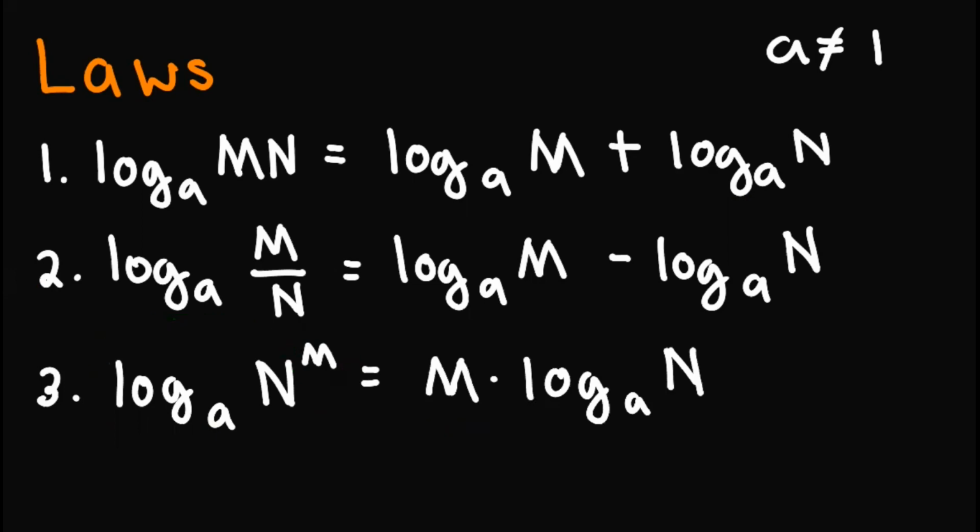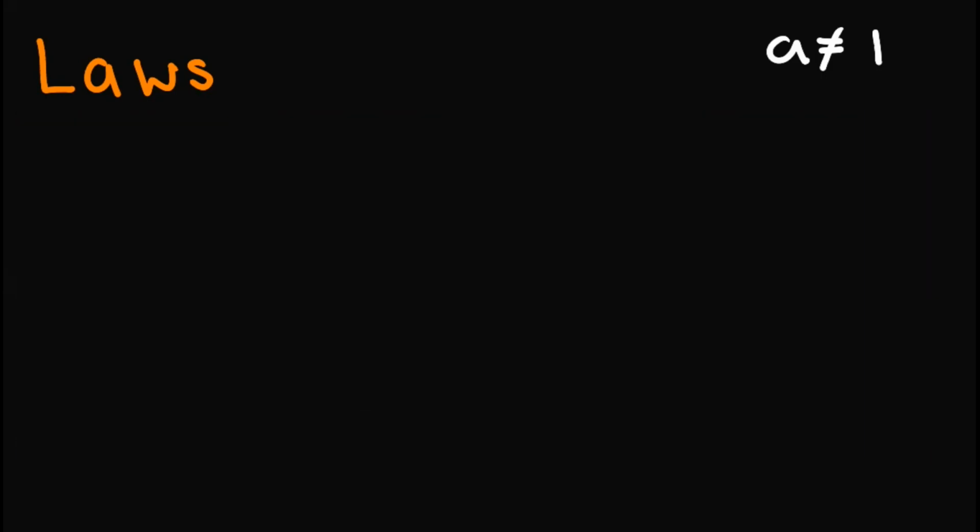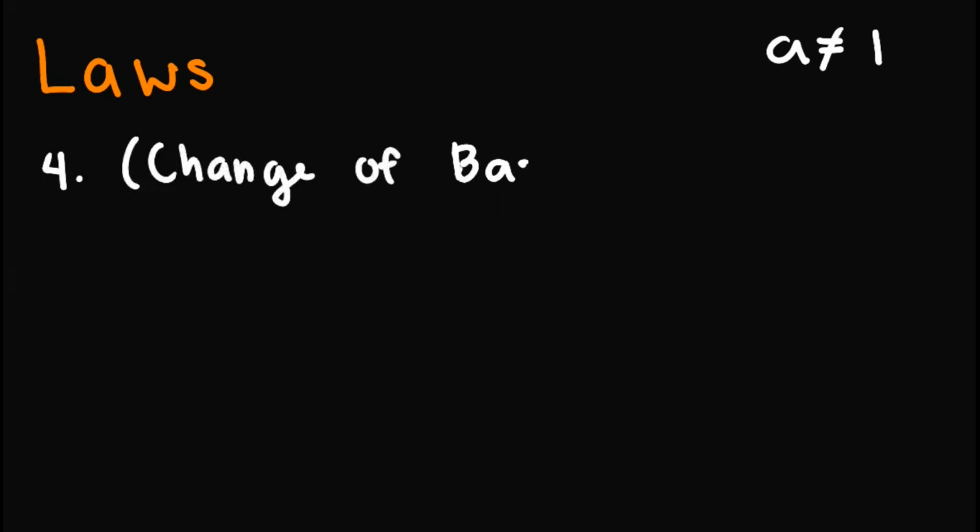So take note of this third law as we will move on to the fourth one, which I will be proving, as it is also a wonderful product in logarithms. Okay, so I hope you take note of this one already. And the fourth one is what we call the change of base.